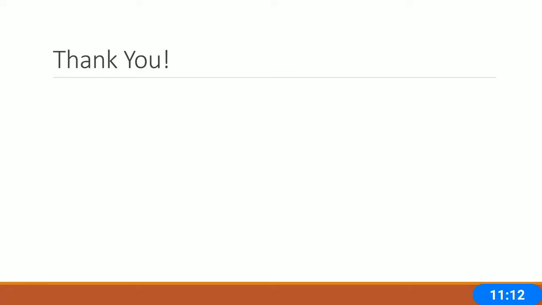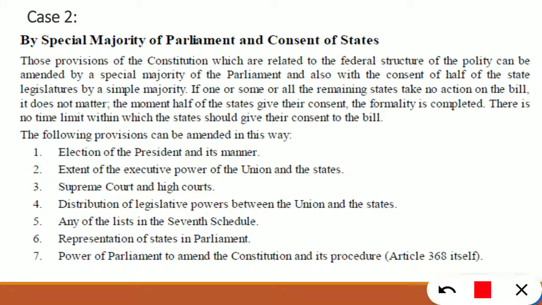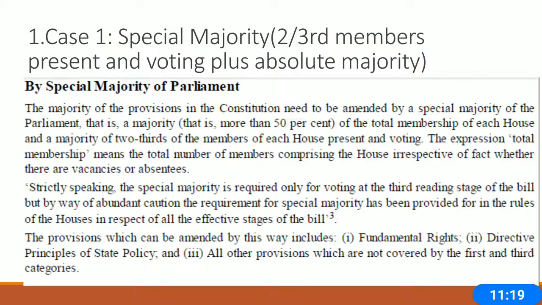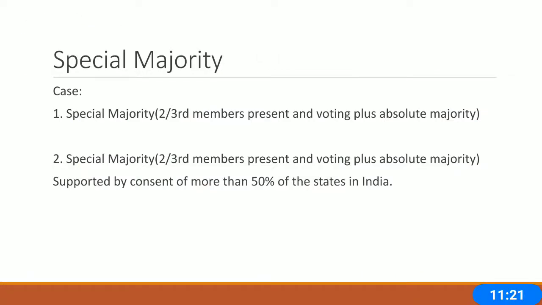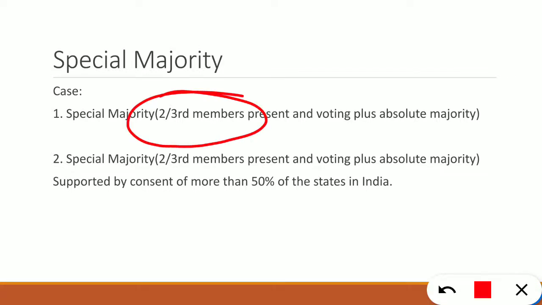And now there are different cases for special majority. One can be the case when only two-third majority is needed. The case is when Rajya Sabha passes a resolution asking the central government to make a law regarding two or more states.